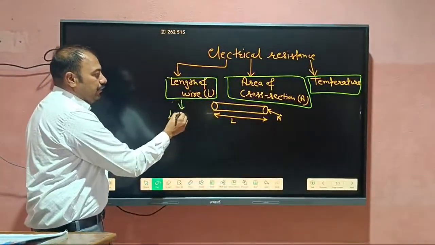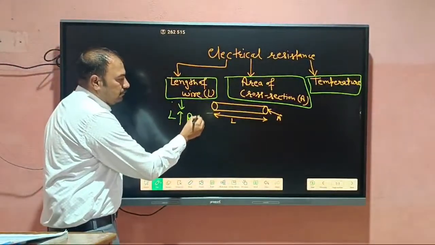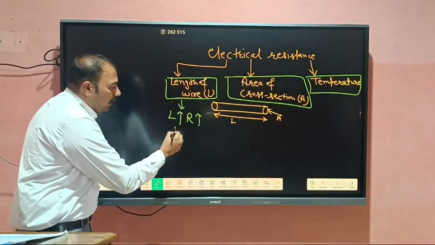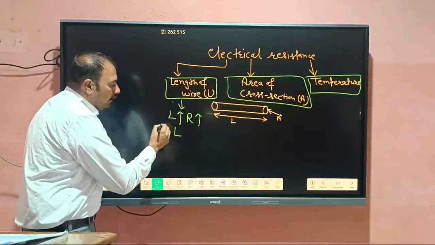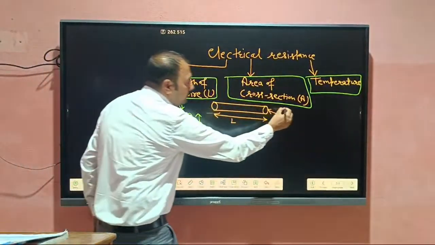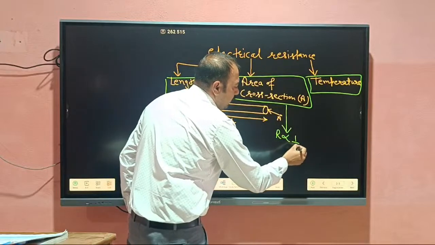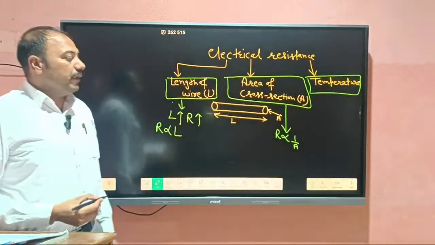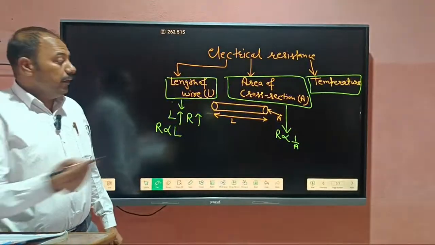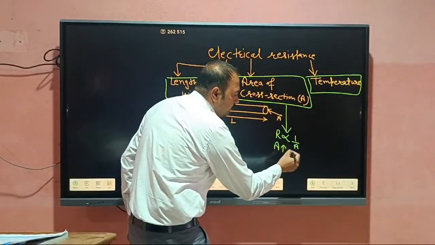So here what is length? If L increases, resistance increases, because R is directly proportional to L, and second, R is inversely proportional to 1 by A. So here what happens, if we increase the area, then resistance decreases.